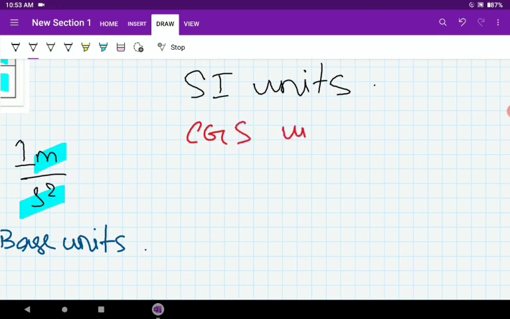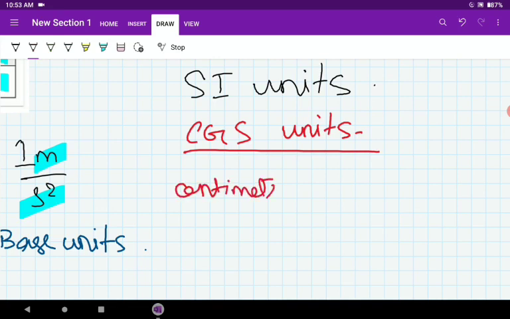Now what does CGS mean? CGS means nothing but centimeter gram second. So this is another system of units which uses centimeter, gram and second as their units.